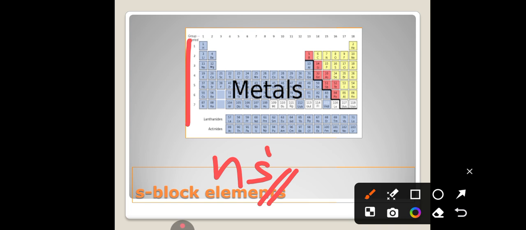That's why group 1 elements are called s block elements. I hope you're getting clarity on why the blocks were given. Blocks were categorized mainly based on the electronic configuration, the valence electrons.